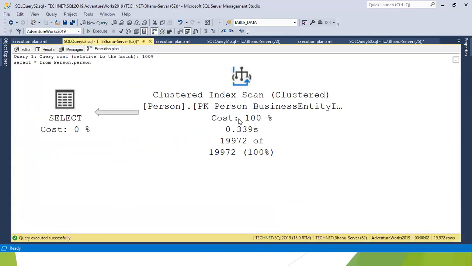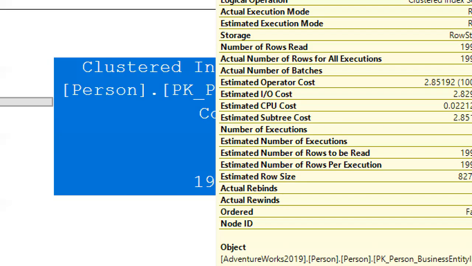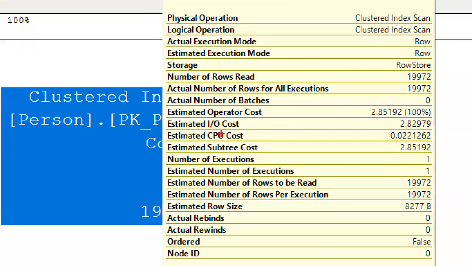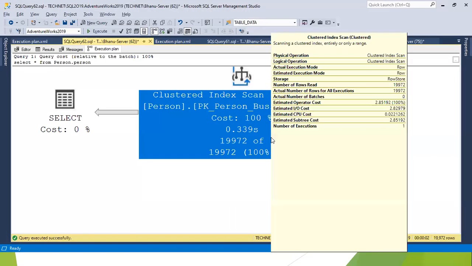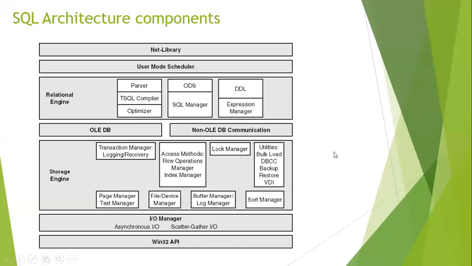and you see here the cost. Right, we will talk about that later, don't worry about it. Estimated CPU cost, or estimated subtree cost, you can consider this, right? So it checks whether the cost of that execution is more than what we defined for parallelism, right?